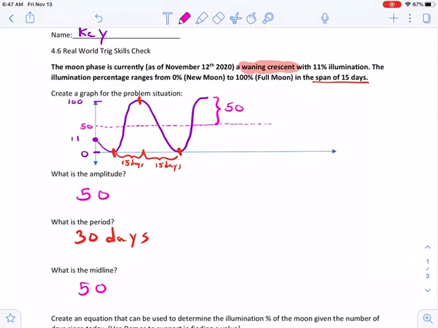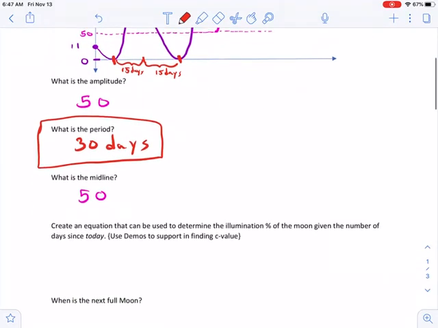The component that I would highlight is, if the question is what is the period, that is my answer. It's 30 days, okay? But that piece of information isn't going to plug directly into my equation. So I do need to use my period in order to come up with my b value. And the relationship between those is that the period is 2 pi over b.